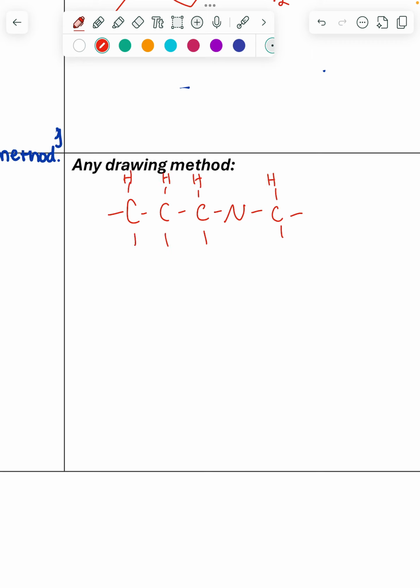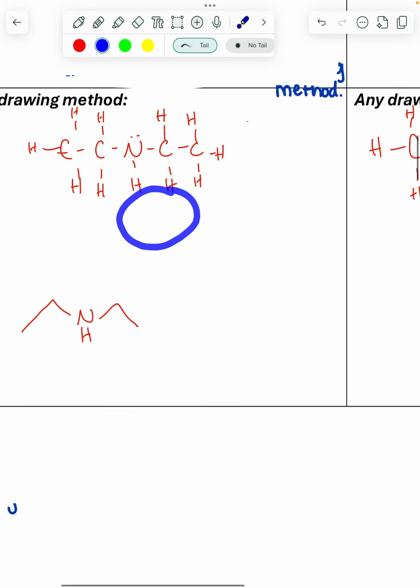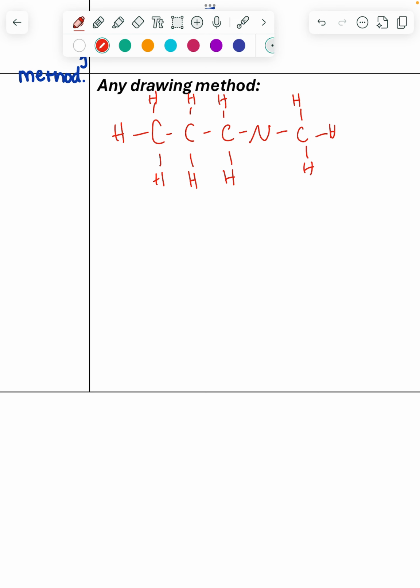And we have 1, 2, 3, 4, 5, 6, 7, 8, 9, 10 hydrogens, same as this drawing over here. So we have to add a hydrogen on that nitrogen and then a lone pair. And then this skeletal structure will be like this, because then it would have a C right here and then C's right there.